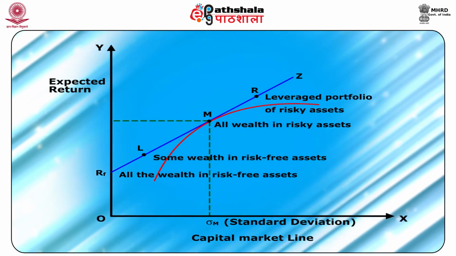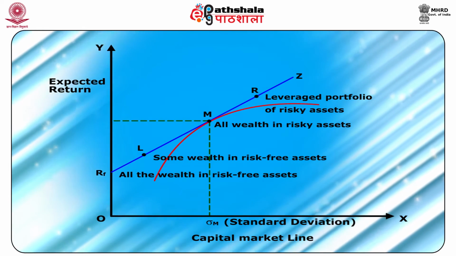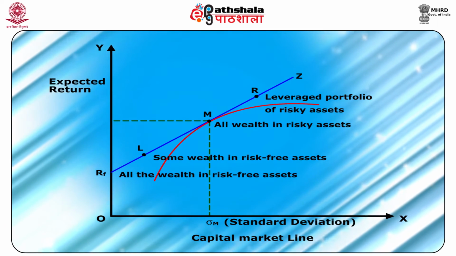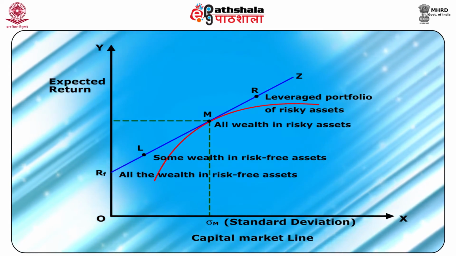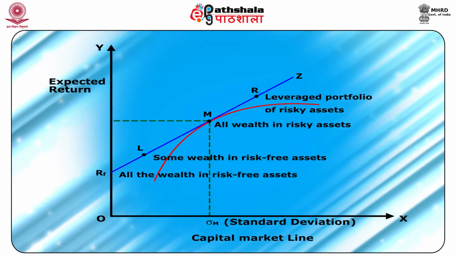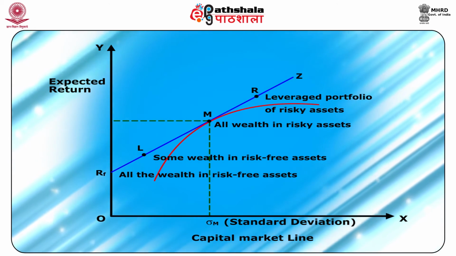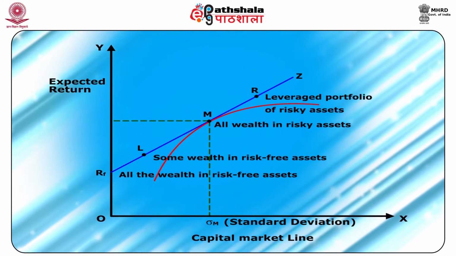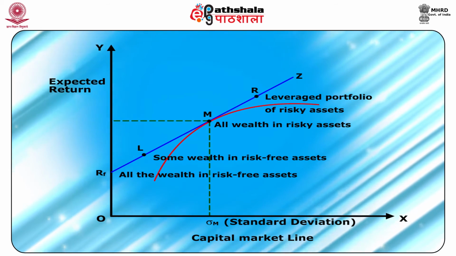It is a straight tangent line emanating from the point of the risk-free asset to the set of efficient portfolios of the risky securities, that is the efficient frontier as we have discussed in the above figure. The point of tangency represents the market portfolio, which is an efficient portfolio comprising all risky securities. All efficient portfolios will lie on the CML, including the market portfolio.